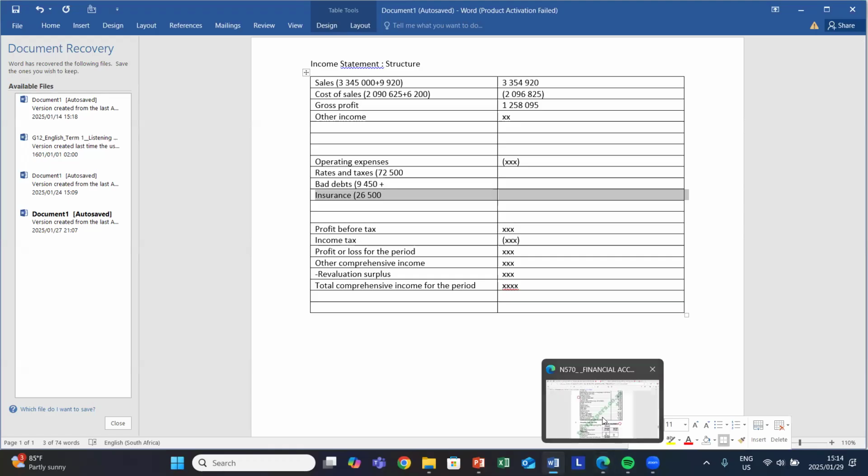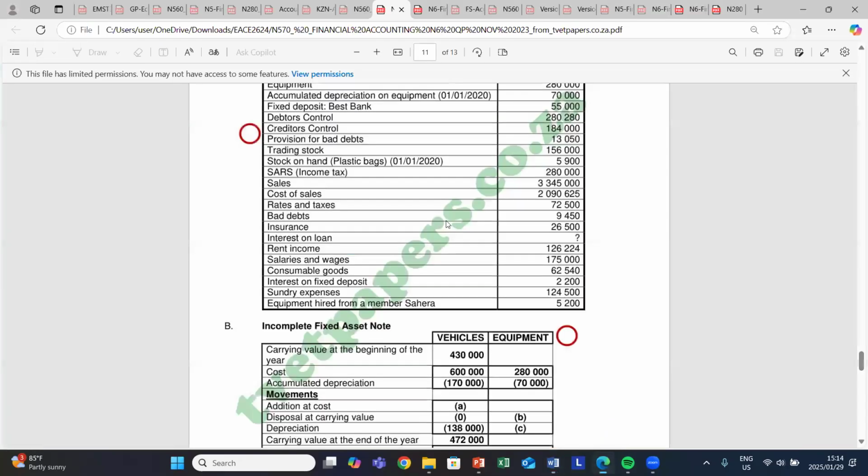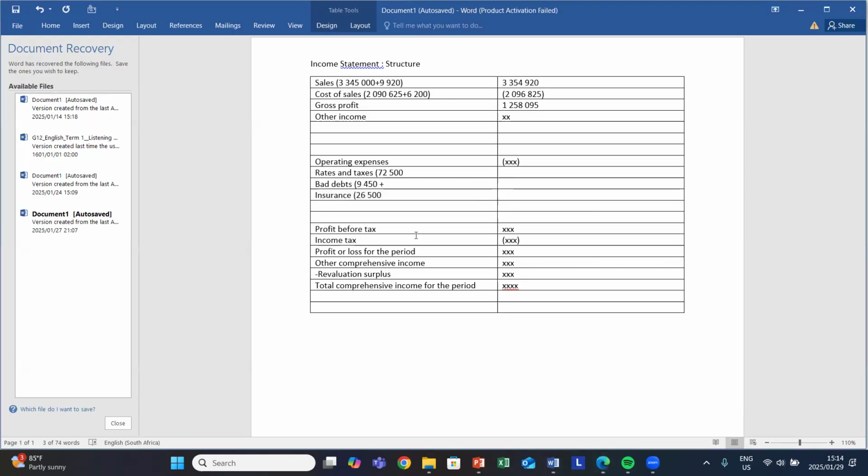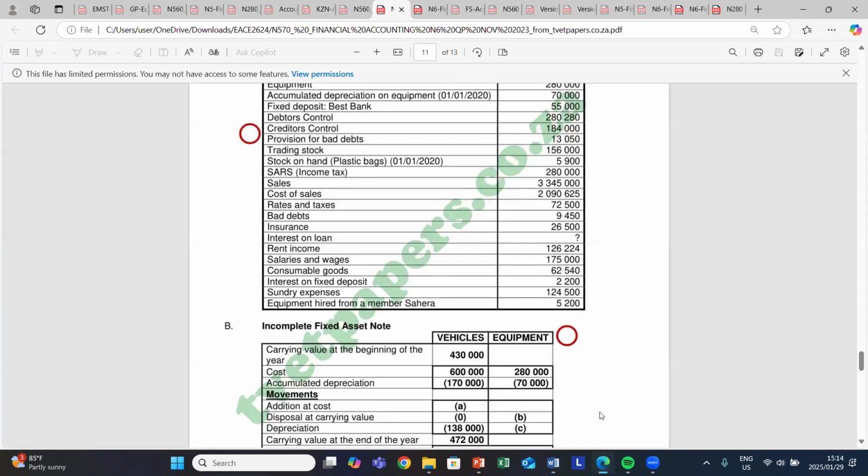Let's check the other ones. We have interest on loan. Interest on loan is interest expense, yes? Yes. You know that our interest expense, we have to record it here. And then it's a question mark. And then also we have rent income.